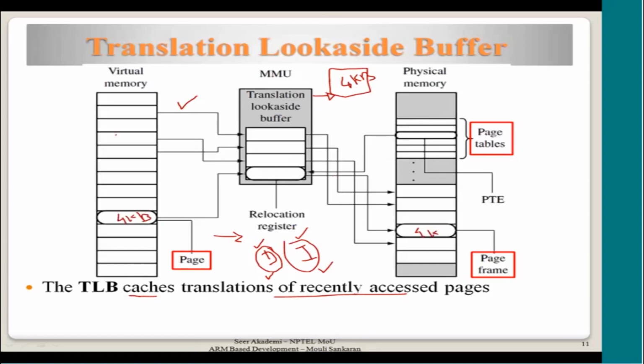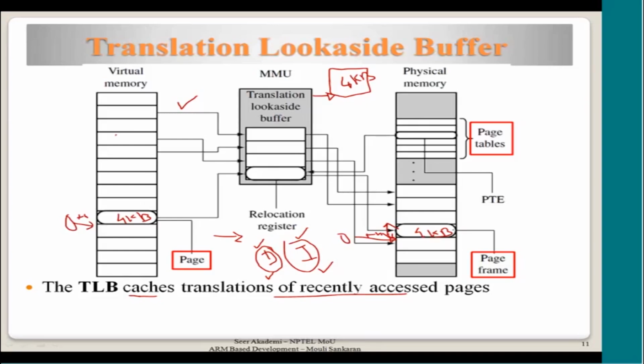So within the 4 KB, there is no change in the mapping. This starting address maps to this starting address, and if you add 4 here, you add 4 there. So only the offset portion changes; the base address doesn't change. So within a 4 kilobyte page, the translation is not changing.